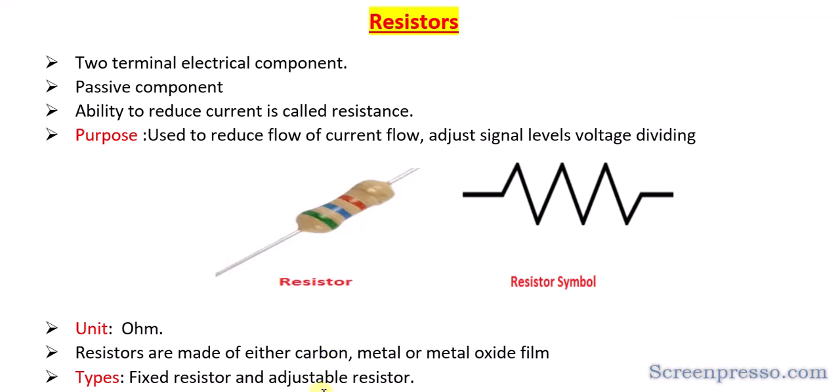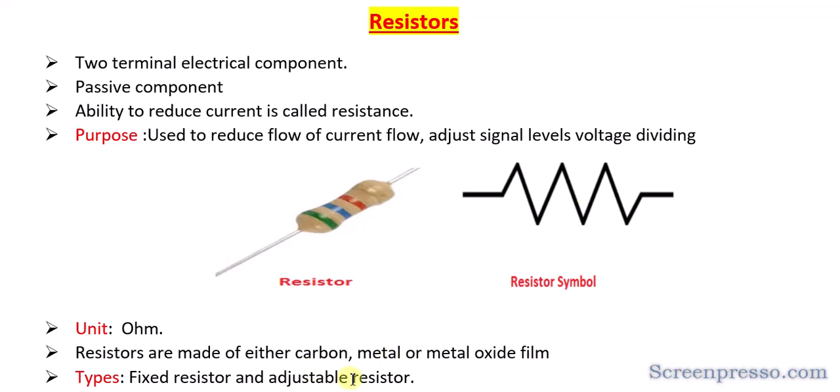Now a question arises: why can't we use a fixed resistor in controlling the speed of a motor? That is because we want to control the speed. If we use a fixed resistor, then the resistance offered is fixed and we will get only one speed, so we cannot control the current.